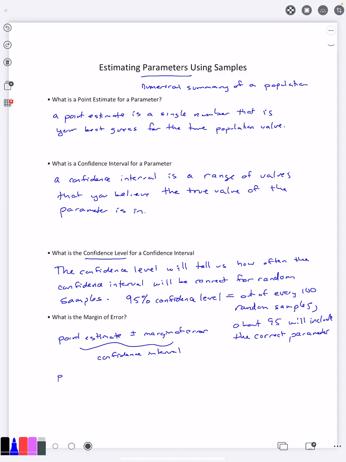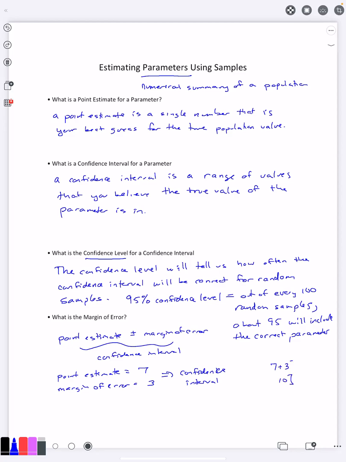So let's say your point estimate for whatever problem you're talking about is 7, and the margin of error that you calculate is 3. What that means is you put them together to make your confidence interval. What is 7 plus 3? That's going to be 10.